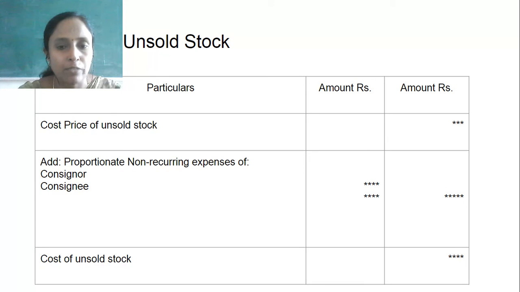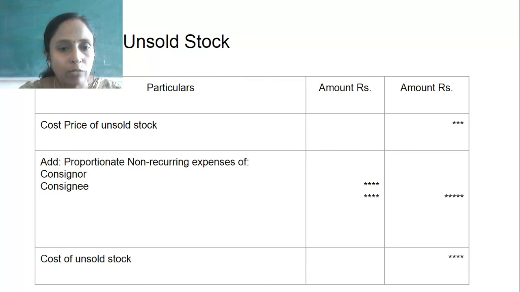This expense we have to calculate only for unsold stock. That is what is denoted as proportionate non-recurring expense. So we have to calculate the expense for the stock which are remaining unsold. In our example, totally 100 units are consigned and only 20 units are remaining unsold.